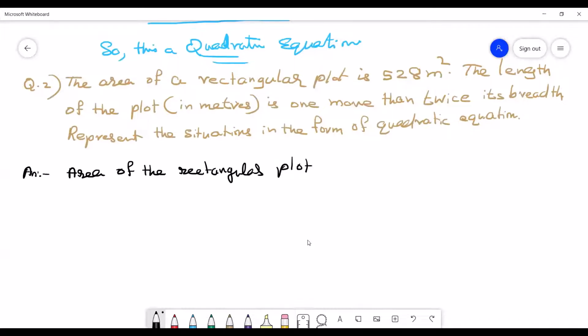Rectangular plot is equal to 528 meters square. Then the length of the plot is given as 1 more than twice its breadth.